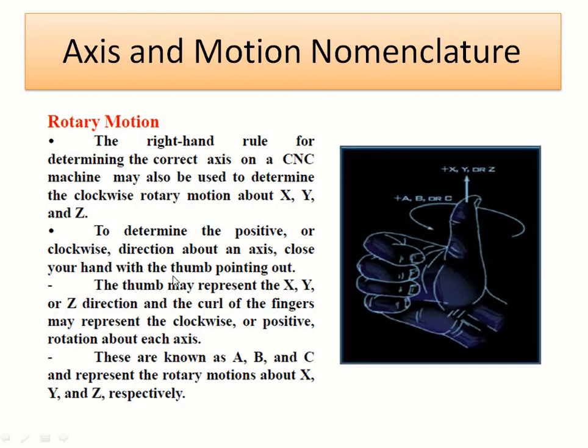We are closing our hand with the thumb pointing out, and the thumb represents the X, Y, Z direction, and the curled fingers represent the clockwise or positive rotation of each axis. These are known as A, B, C. So the direction of rotation we can represent with A, B, C, representing the rotary motion about X, Y, Z respectively.